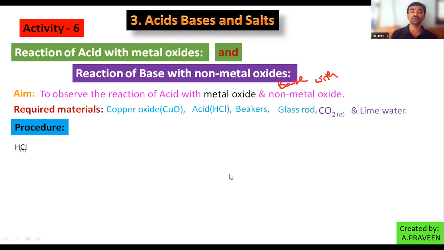So commonly what you are observing is that the reaction of an acid with the base copper oxide produces a salt, cupric chloride aqueous solution, and water.